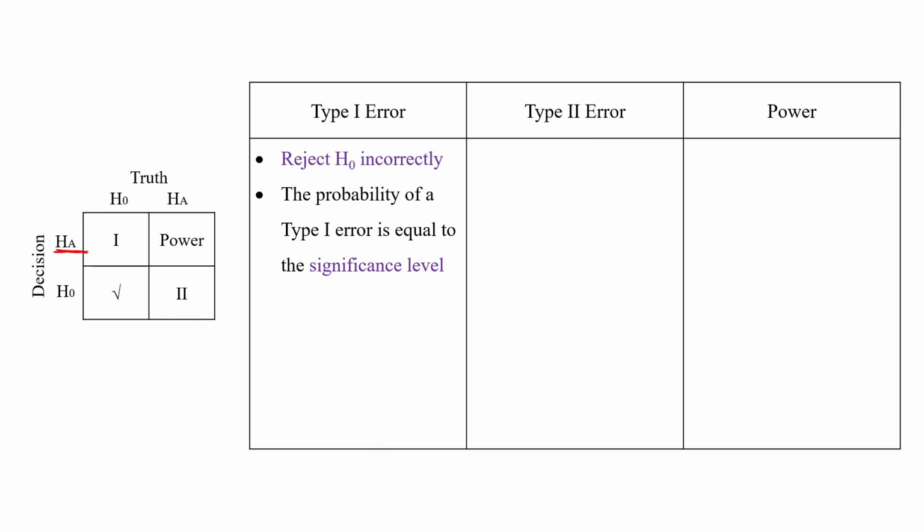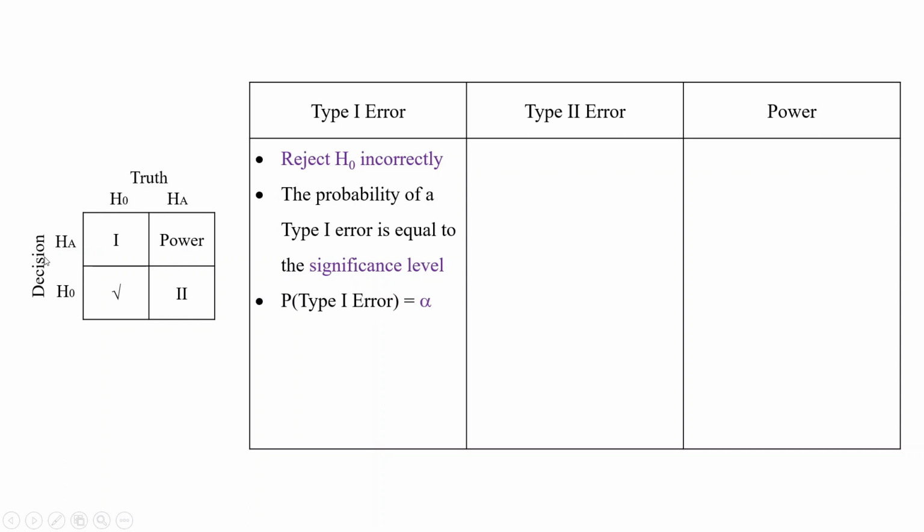Well, just because we have a low probability and it's highly unlikely doesn't mean it's an impossibility. The null could be correct. We could still get a sample statistic with that low p-value. It's just very unlikely, which leads to our decision of rejecting the null. Okay, so that is why a type 1 error is equal to the significance level.